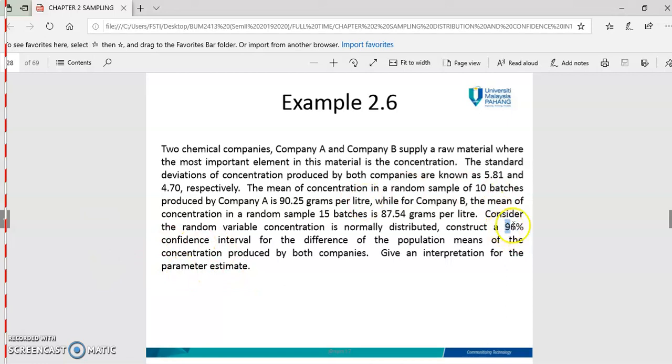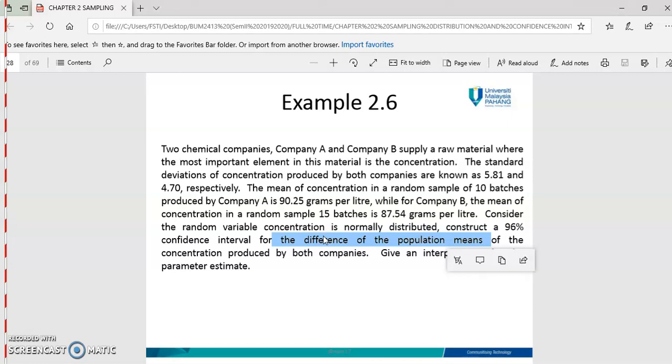So here we have 96% confidence level, which means alpha is 0.04. Another keyword here to show that we have independent sample: you have this, the difference of the population mean. When you have difference of population mean, it is an independent sample.